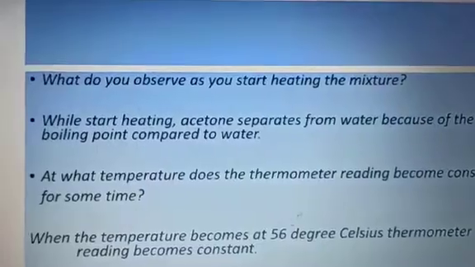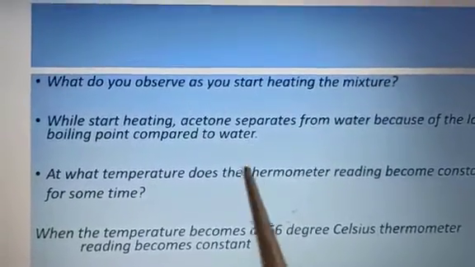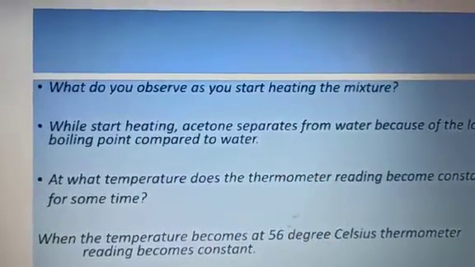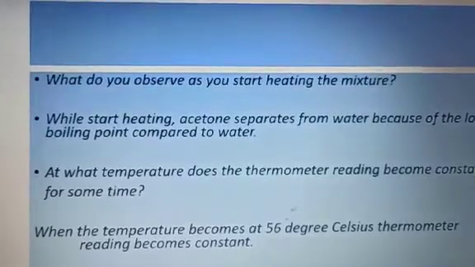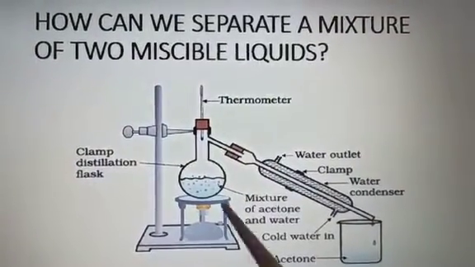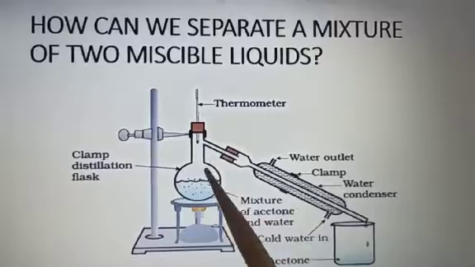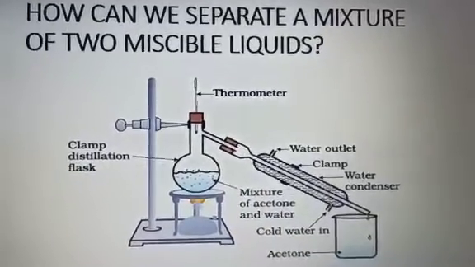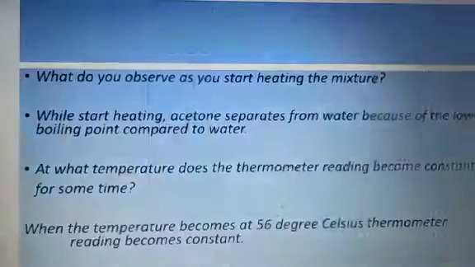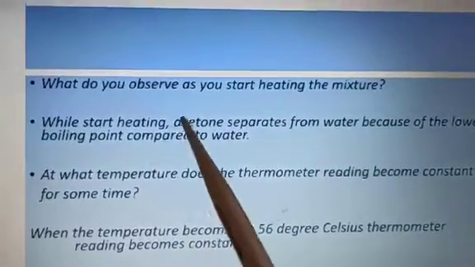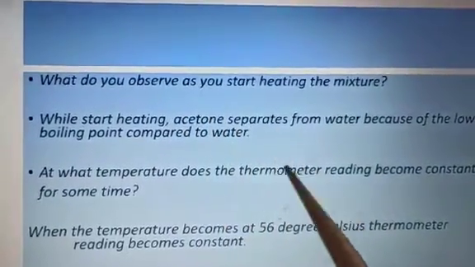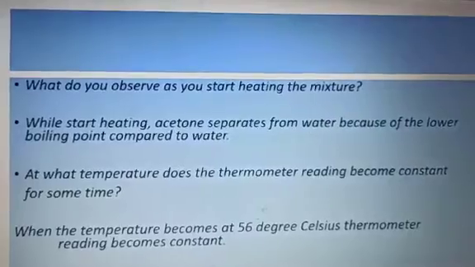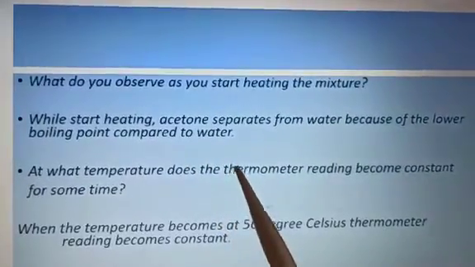Here are some questions which you can answer easily. What do you observe as you start heating the mixture? You have seen that when we start heating the mixture, acetone vapors arise. While heating, acetone separates from water because of its lower boiling point compared to water.